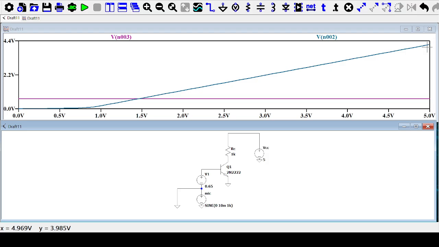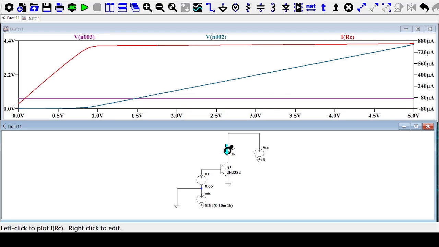So let's take one more thing which is very important, how the current is also behaving. And this is the most interesting thing. Right up to this point, the current is just increasing. Then after this point, the current becomes saturated.